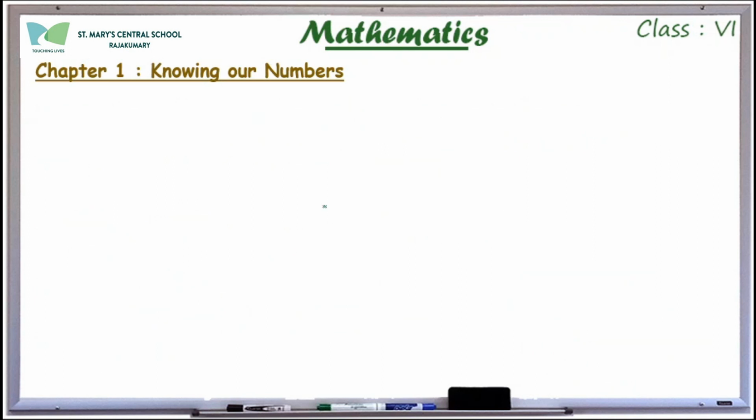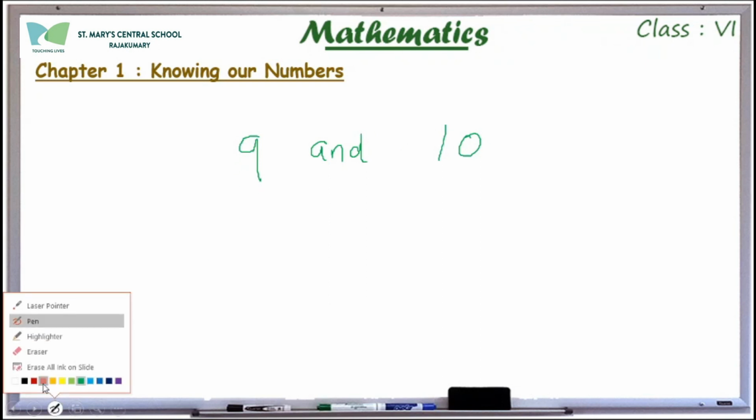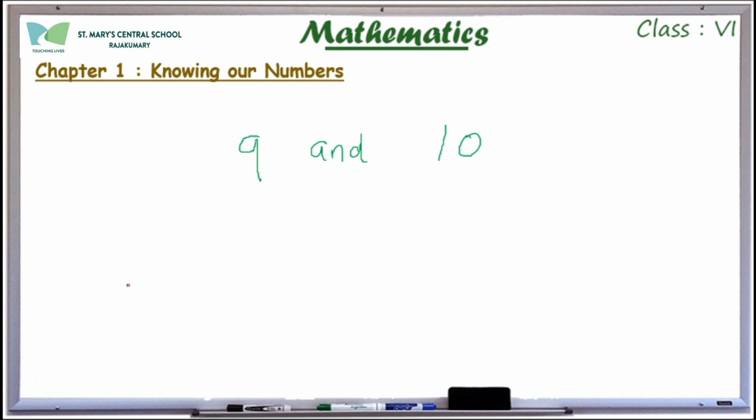So consider 9 and 10. Okay, here 9 is a 1-digit number. And here 10 is a 2-digit number.